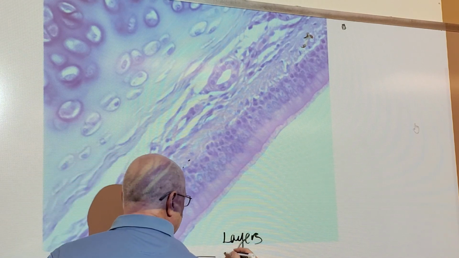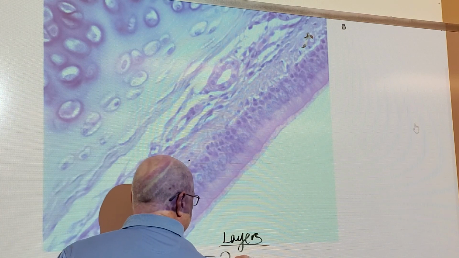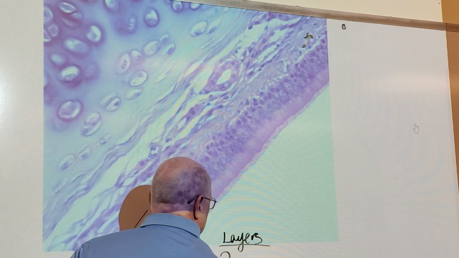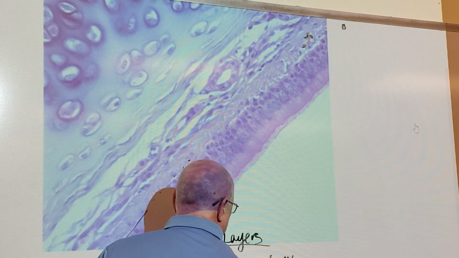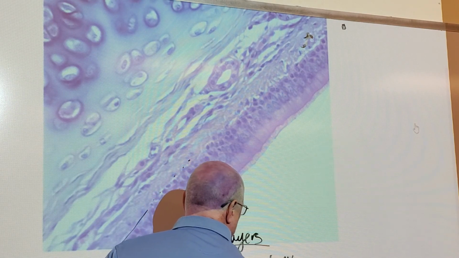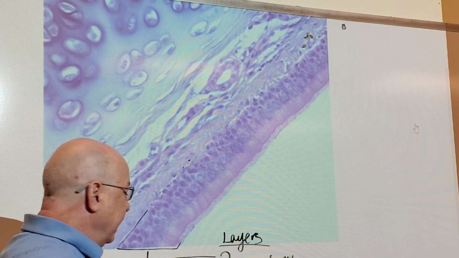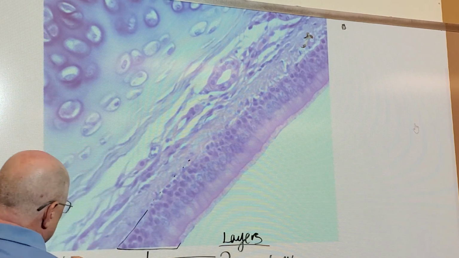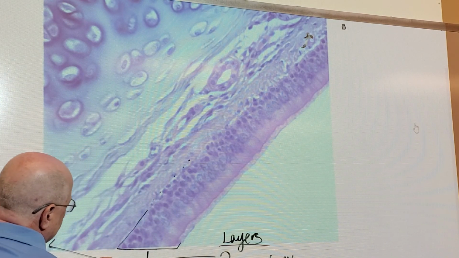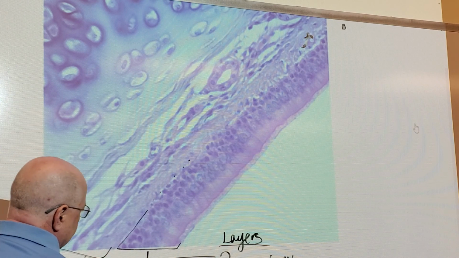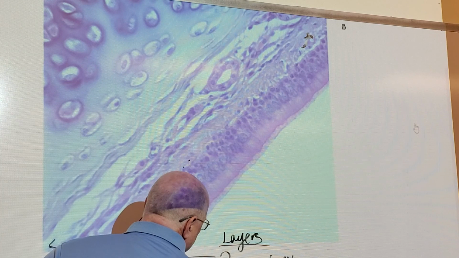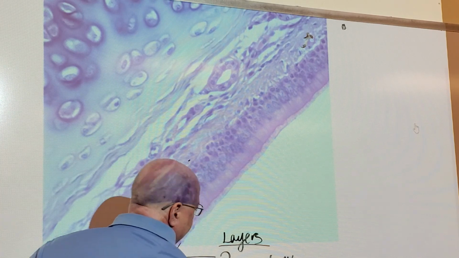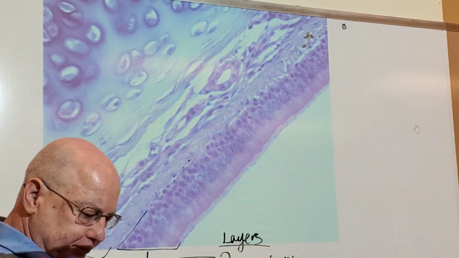This layer is the respiratory epithelium. Okay? The next layer of tissue here would be called the lamina propria, which in Latin, lamina propria means proper layer.